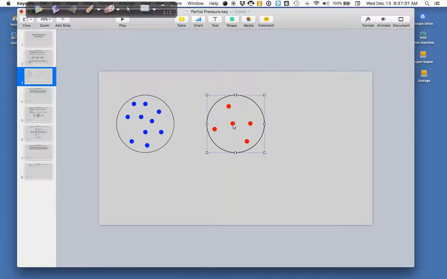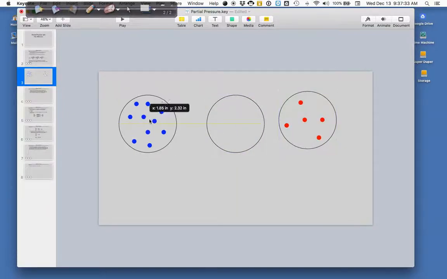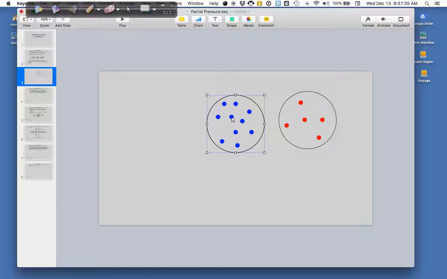That's 1 atmosphere, right? But if we put in blue, now the container is not empty. Its functional volume is a little bit smaller because blue is in there. So now when we put red in there, what is that doing to the volume of red? Making it a little smaller, right? Because there's blue in there.